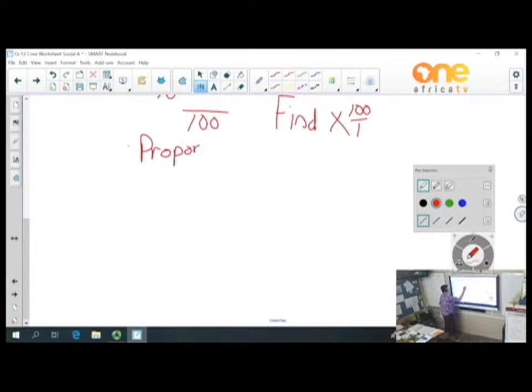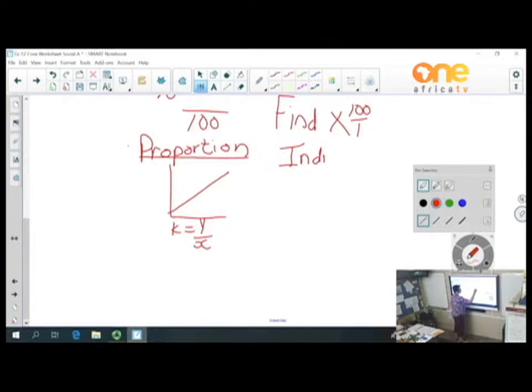proportion. We get direct and indirect proportion. For direct proportion, the graph looks like this. The more you buy, the more you pay. So to get your constant, it is y over x. Indirect proportion is when I ask you, for instance, to paint the school. If 10 people are painting the school, it will take 6 days. But if there's only one person who has to do the job, then my constant is x times y. I multiply to find that one person.